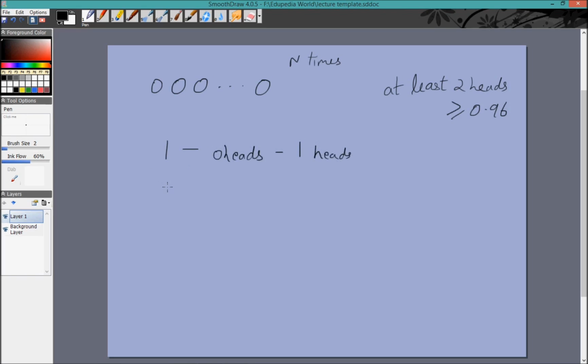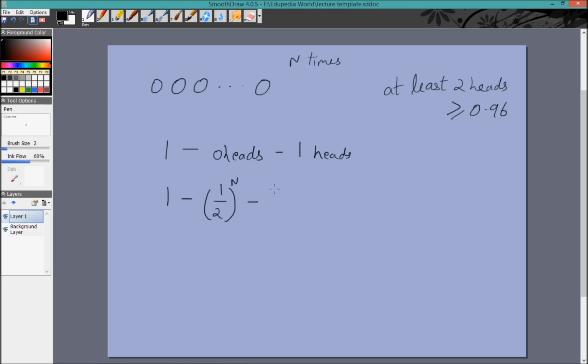Right? So that is 1 minus, now 0 heads means all these are tails. And if it's a fair coin, 1 by 2 probability for this to be tail, 1 by 2 for this. So 1 by 2 times 1 by 2 times 1 by 2, n times. So this becomes 1 by 2 whole to the power n. Now we need 1 head. Right? So the first question is, we could have the first toss as a head, we could have the second toss as a head, we could have any one of these tosses as a head.